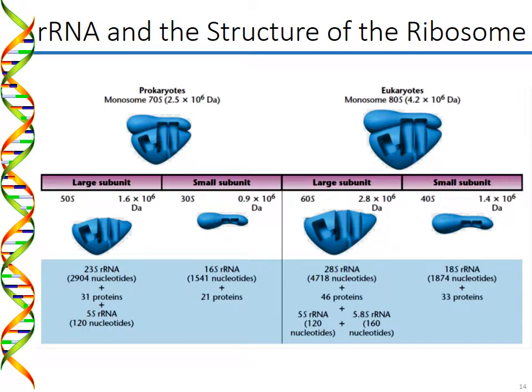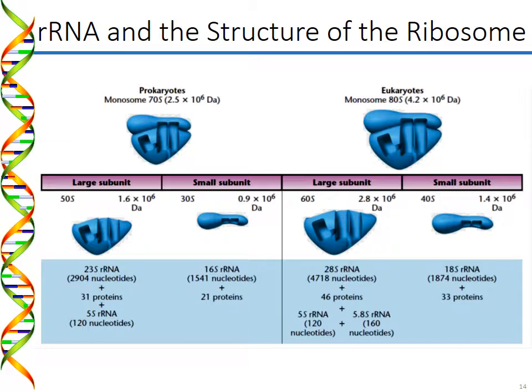On the left, we see the prokaryotic large subunit is comprised of 2 different rRNA molecules, referred to as the 23S and the 5S, and these fold up to form a structural scaffold for 31 different proteins.